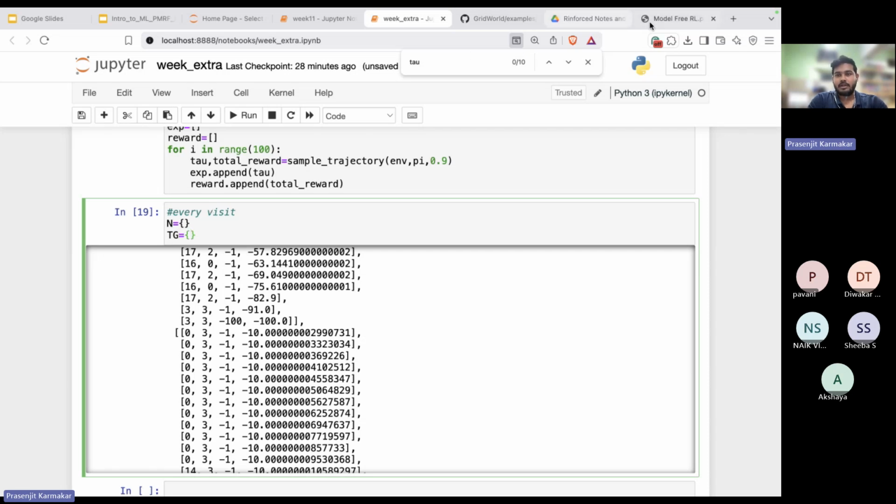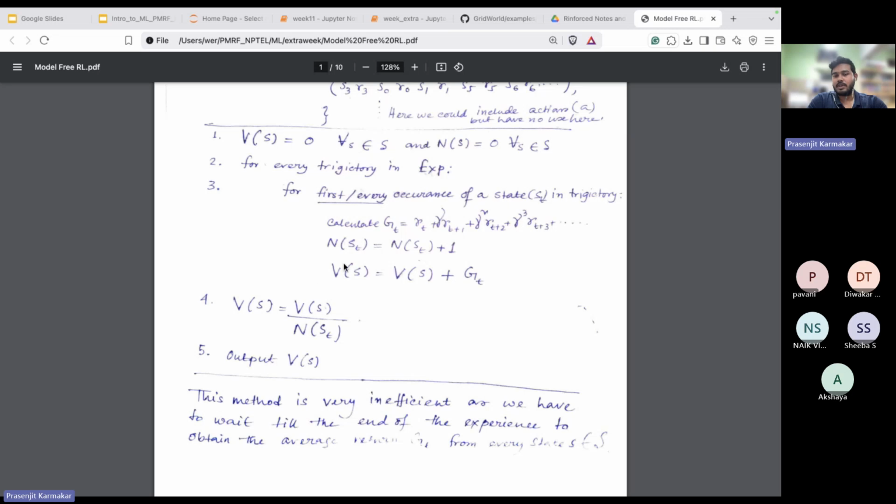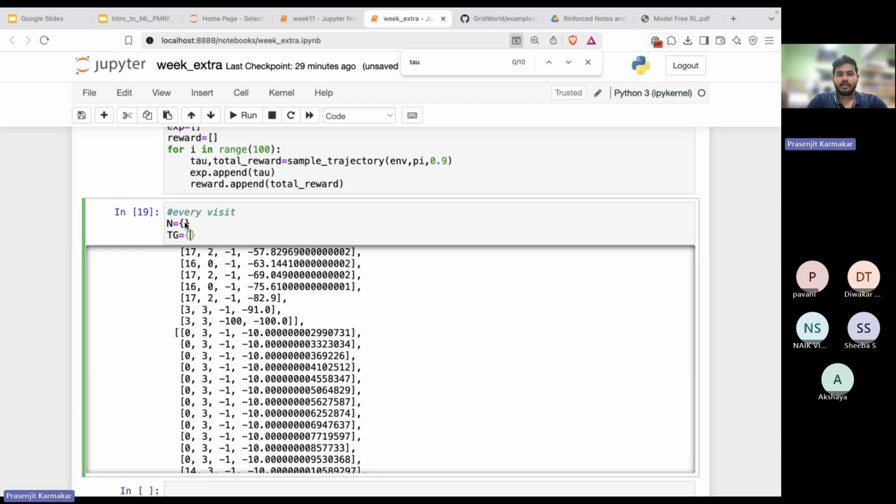The algorithm uses the same variable V(s) to keep track of it. In a program you can do that, but just for clarity I'm using another variable name called total return, TG. Now these are dictionaries, so let's mark them as empty dictionaries.